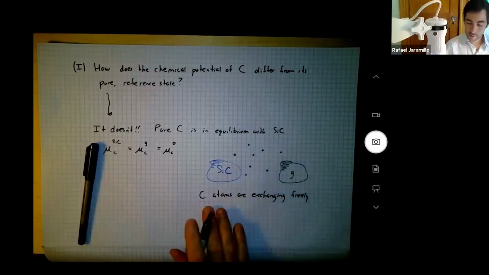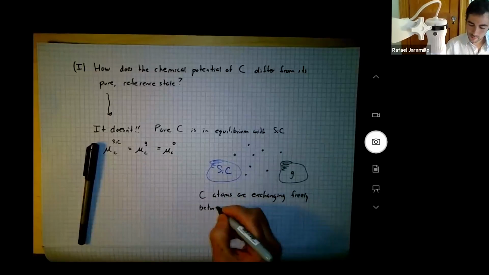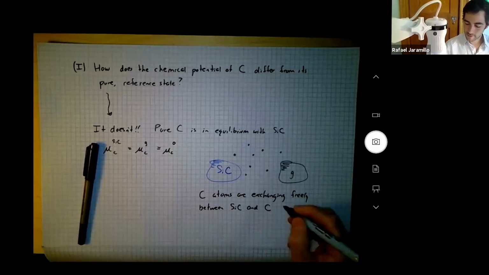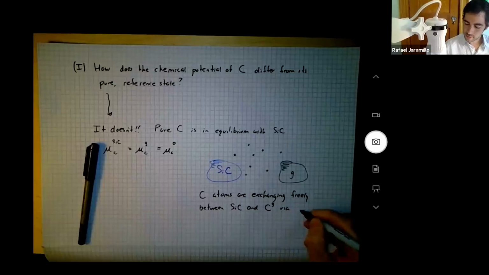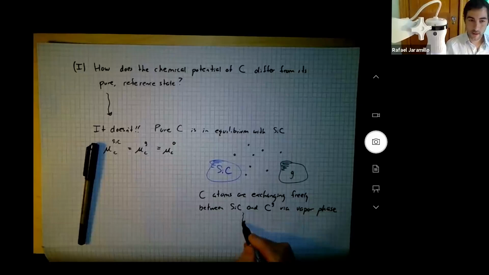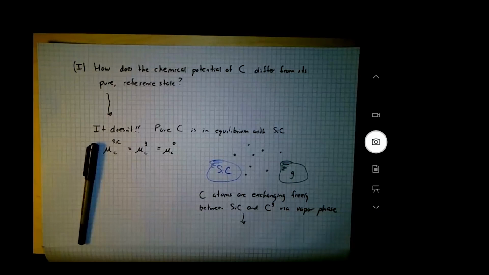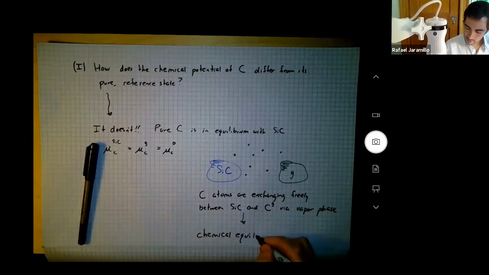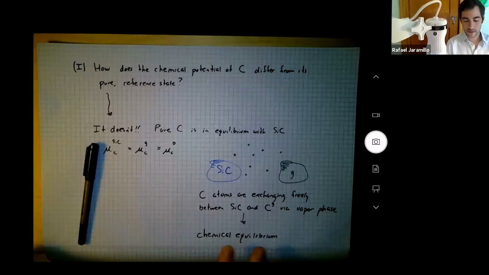They're exchanging freely between silicon carbide and graphite via the vapor phase. When we had conservation of mass with mass exchange between two phases, that led to the condition for chemical equilibrium. That was about the middle of the term that we arrived at that. So chemical equilibrium, that's what I wrote down here.